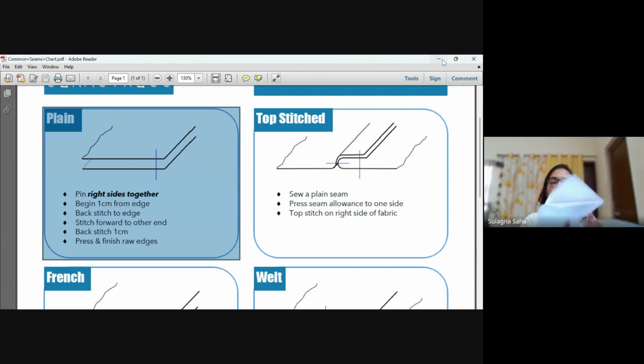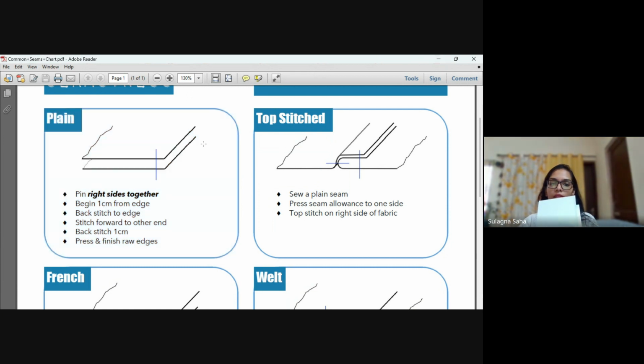Now see, on one side I have marked ticks, and on another side I have marked crosses.